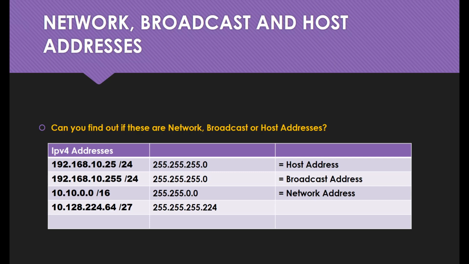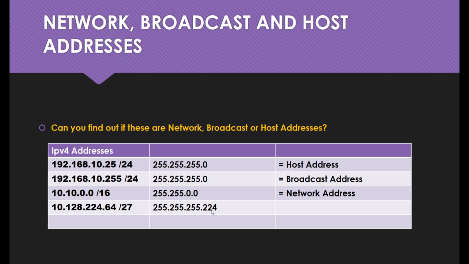So each network has a step of 32. The first network should be .0, then the next one will be .32, then .64, then it keeps going that way. So that means that this should be a network address. Don't worry if you don't understand that method. When we're doing subnetting, I will show you how to do it.